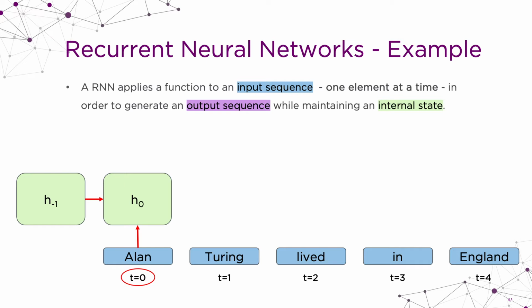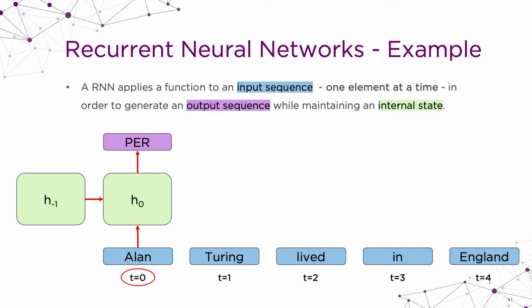But the interesting point here is that to create this updated internal state, the input is the current element only, Alan in this case, and also the previous internal state. That's how we can have the information flow over these steps. Once the RNN has updated this internal state and created this H0, there is the second operation, which is to produce the output. And the output is a function of just the internal state that we just generated, so only H0.